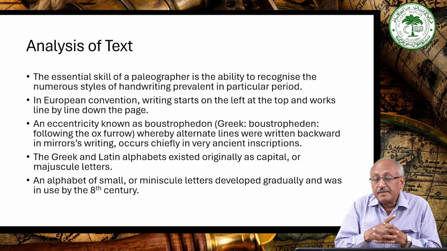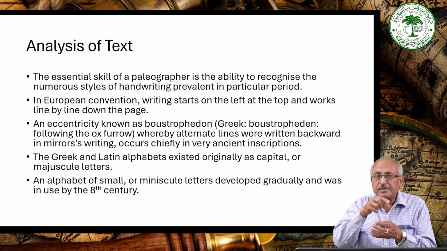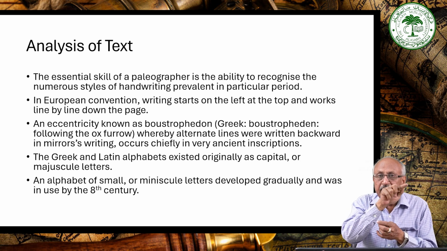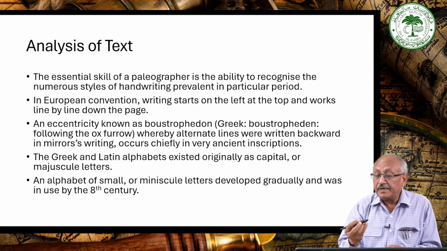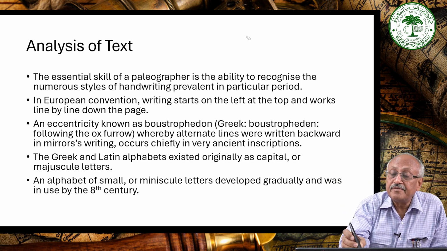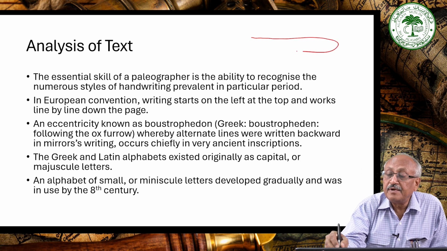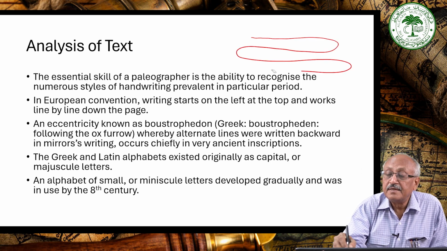An eccentricity is known as boustrophedon, from the Greek term meaning following the furrows of the ox, where there is no ending. You start like this. Boustrophedon writings are like this. You start from here, you will go like this, like you have moved an ox along this and furrows are created.